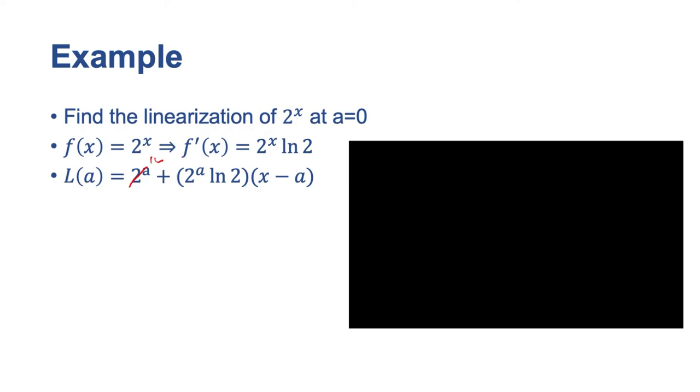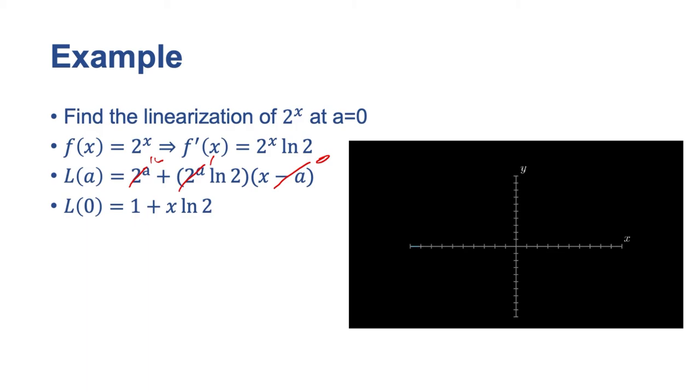That's going to go to 1. And that's going to go to 0. So what we are just going to do is we're going to simplify this, and that means that the linear approximation at 0 is just going to be 1 plus x natural logarithm of 2. Alright, and what's really happening here is we're finding that approximation for a tangent line at 0. So we have an exponential, and then we have our linear approximation right there.